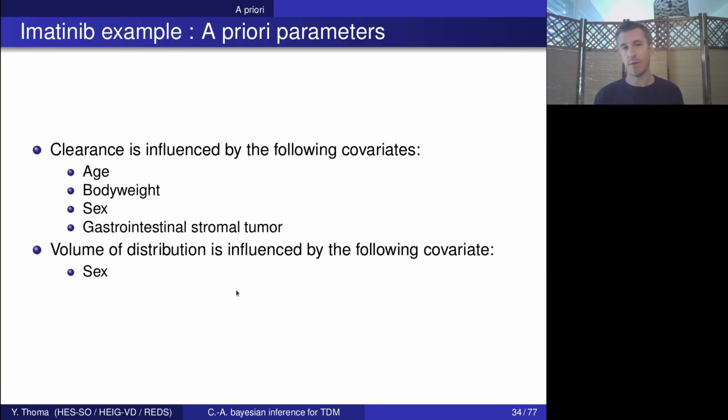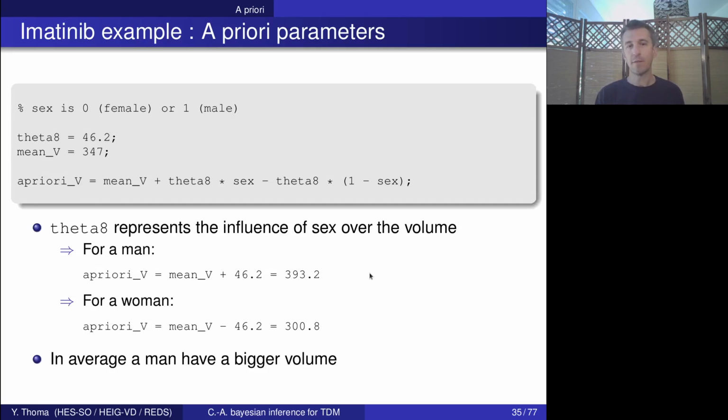So here for imatinib, we have the clearance influenced by age, body weight, sex, and the presence of a gastrointestinal stromal tumor. And for the volume, it's just influenced by sex. And that's something that we will have the opportunity to write within the description of our drug model. So that's the way it would be done in our case. So we have this idea of the a priori volume is the mean volume plus a certain difference based on the sex.